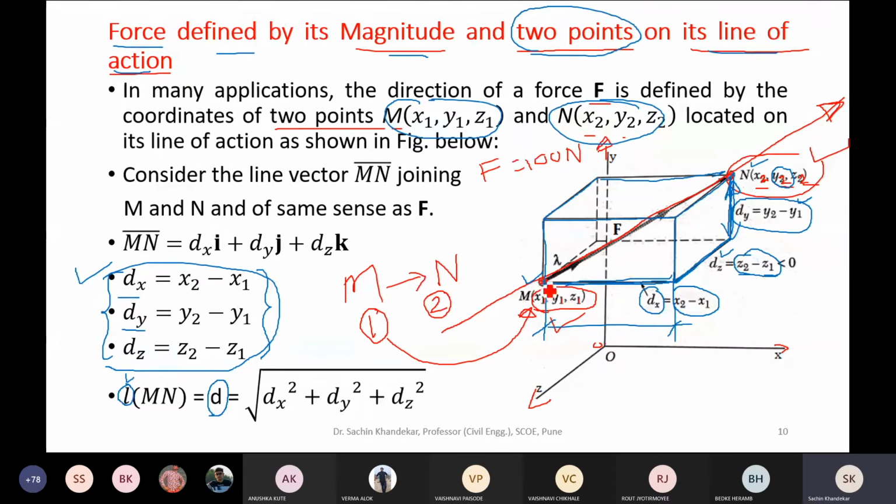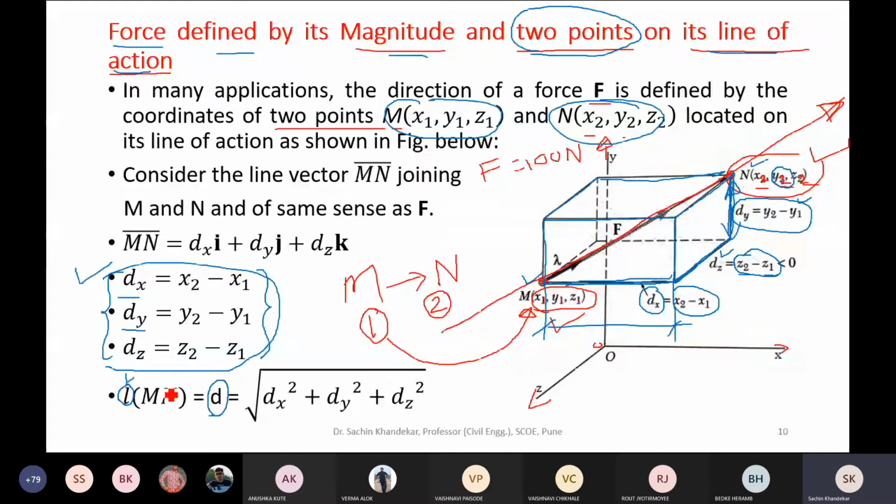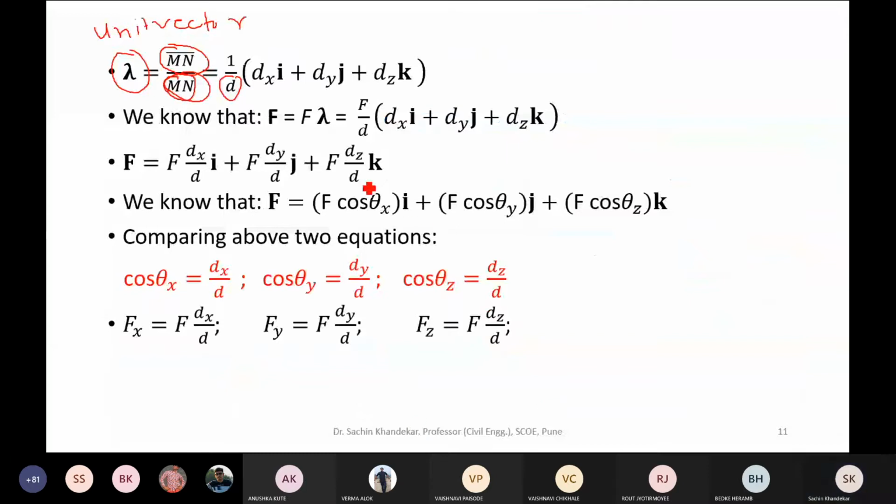The magnitude of MN is d, which is equal to the root of dx square plus dy square plus dz square.